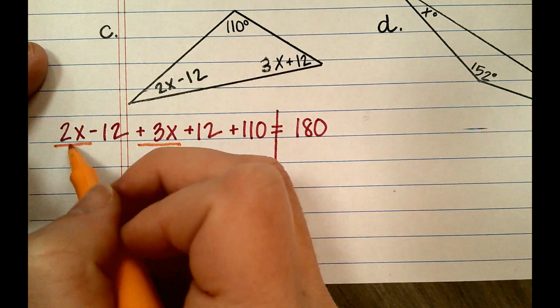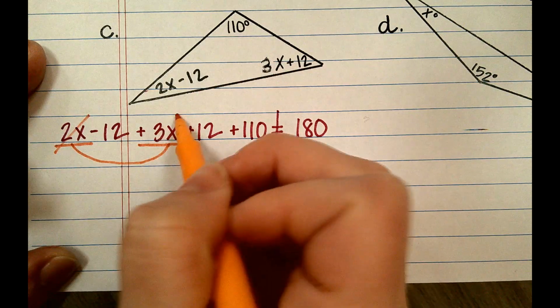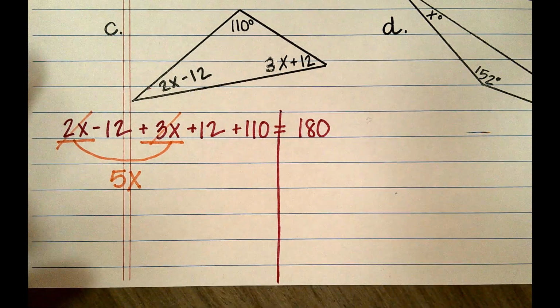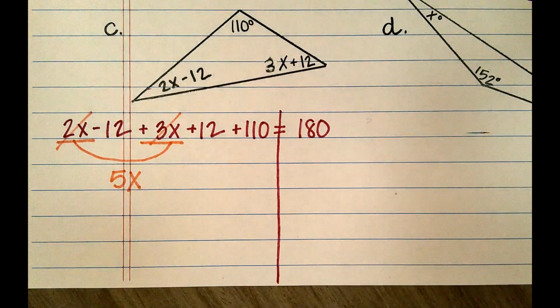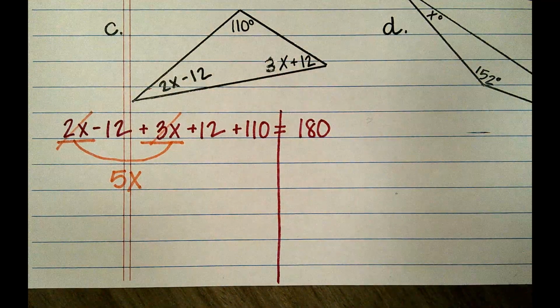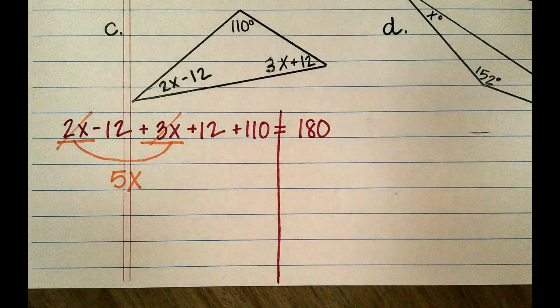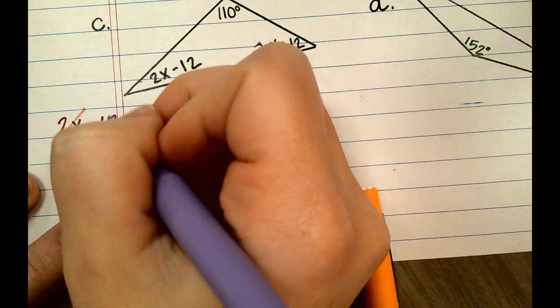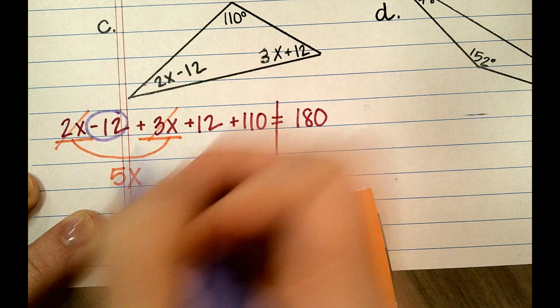5x, good. So I'm going to cross those out and bring down 5x. Negative 12, plus 12. Okay, so I want to talk about that. Jacqueline noticed something. When we're looking at the other terms that don't have x's, we have minus 12 plus 12.